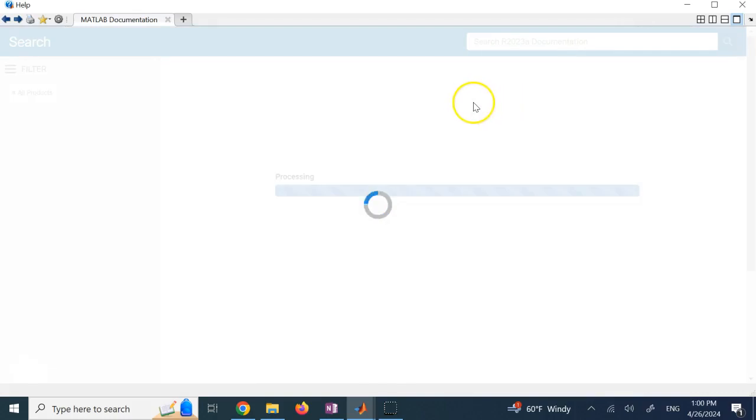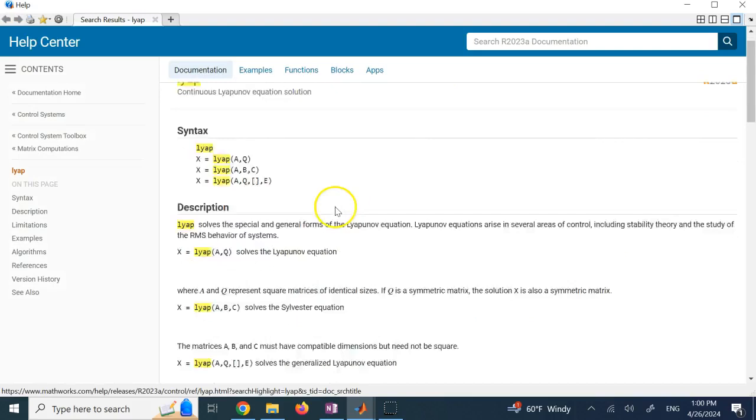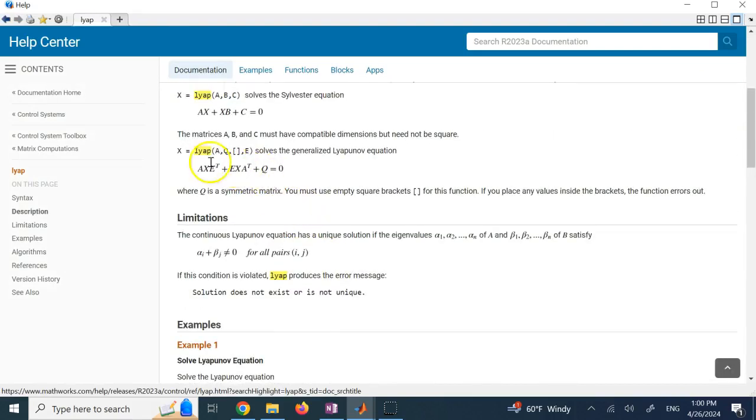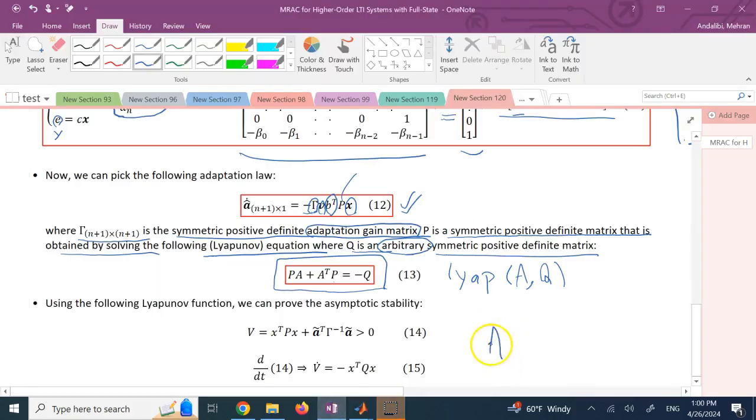So I want you to pay attention when you determine a Q and you have A and you want to find P. The equation it solves is AX plus XA transpose equals negative Q, right? AX plus XA transpose.